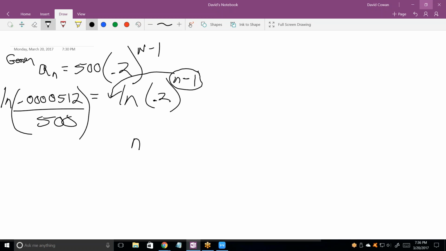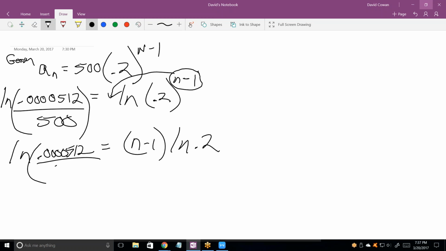So that gives me n minus 1 times natural log of 0.2 equals what I had on the left side, which was natural log of 0.000512, all over 500.